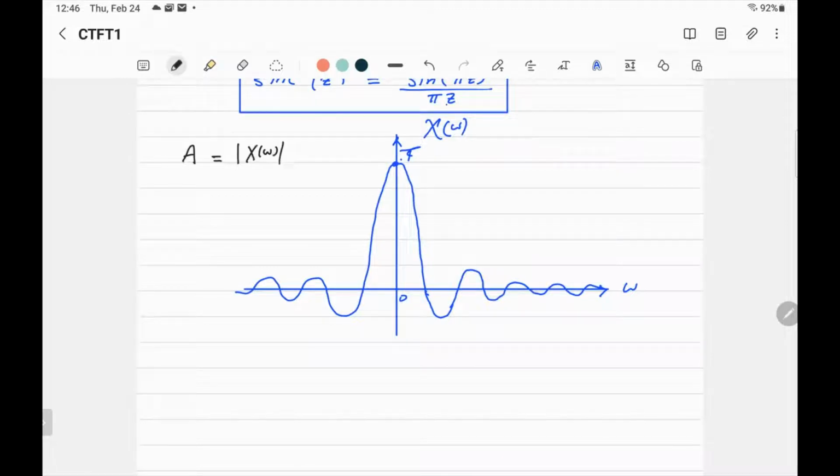What's the difference between the amplitude and this graph that we have? We have negative values. Exactly. We have negative values and the amplitude is always a positive value. So all the negative values will be reflected up here, and you will just erase this. So everything will be a positive value. That will be the amplitude.